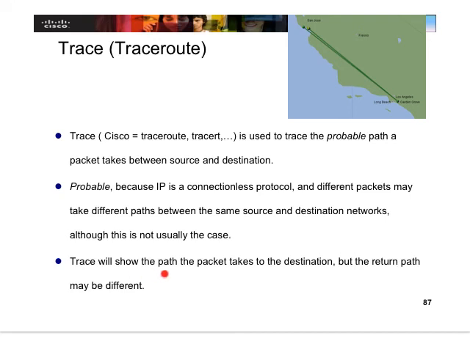Traceroute will show the path that the packet takes to the destination, but the return path may even be different. So the forward path and the return path may be different from each other, because they may take different routes, or they may take different routes at different times of the day, or on different days.